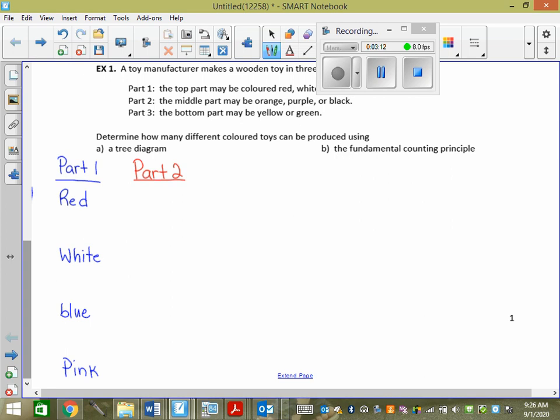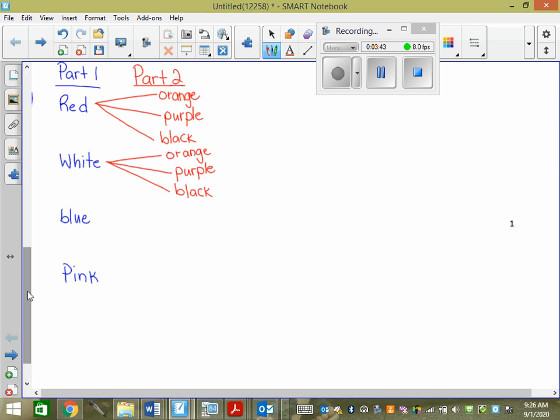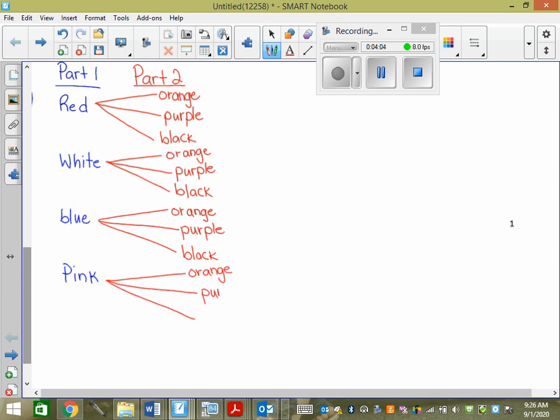Each part 2, each middle part, is orange, purple, or black. So if this thing had only 2 parts, how many toys would we have?